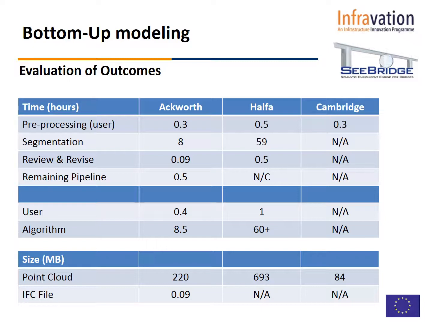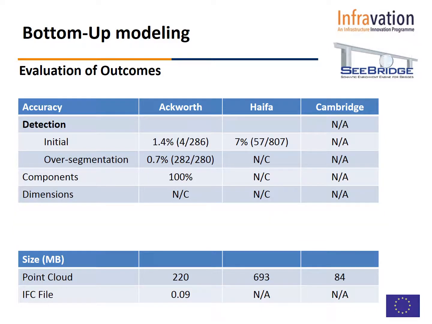It has 10 girders per span section instead of 5, and it has more diaphragms. The abutment is roughly the same complexity. The deck is a little bit more complicated for the Haifa bridge. I have yet to do the Cambridge bridges, but they should be done sometime soon.